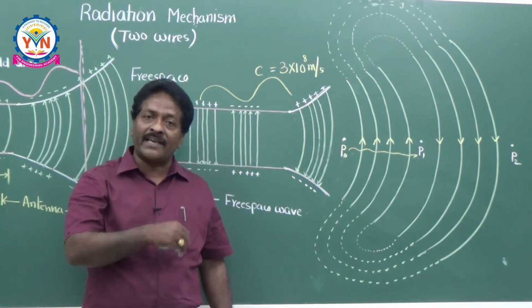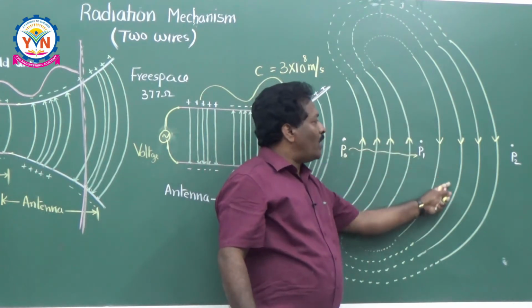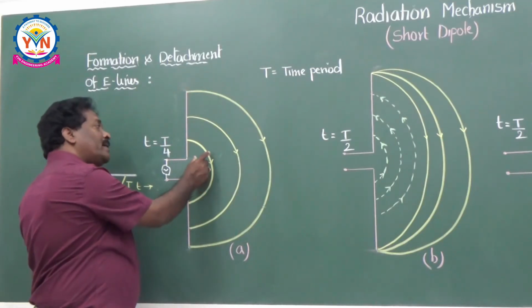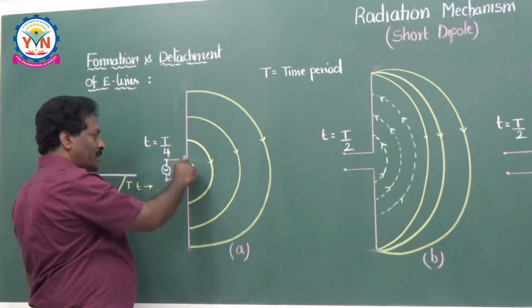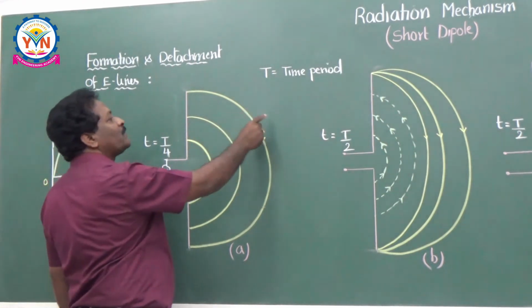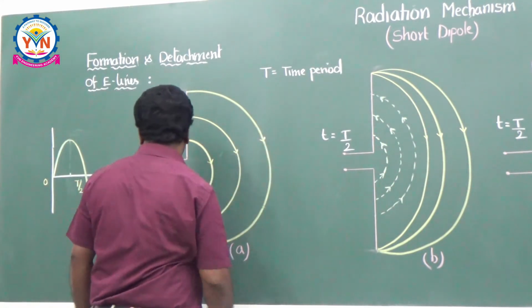Now I would like to explain how the closed loops are going to be formed. Okay. In order to have a better understanding of the detachment of these electromagnetic waves from this antenna, I would like to explain this mechanism once again by taking a short dipole as an example.